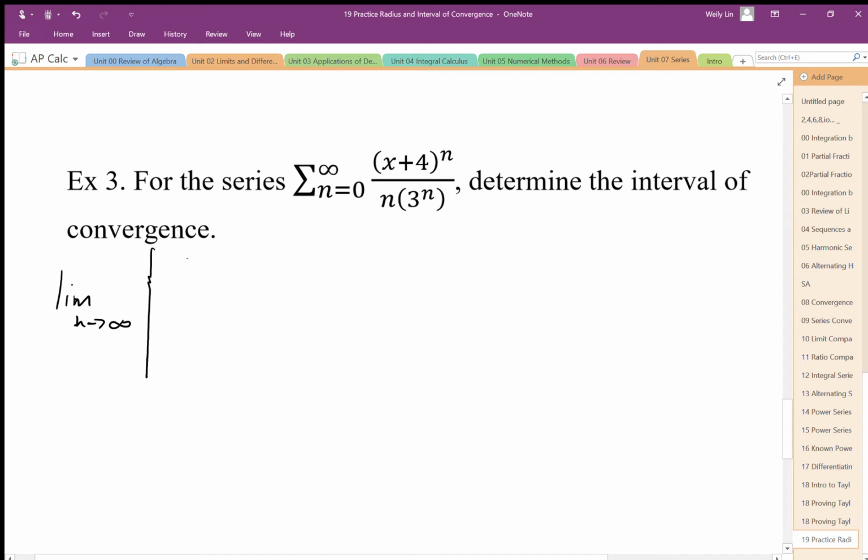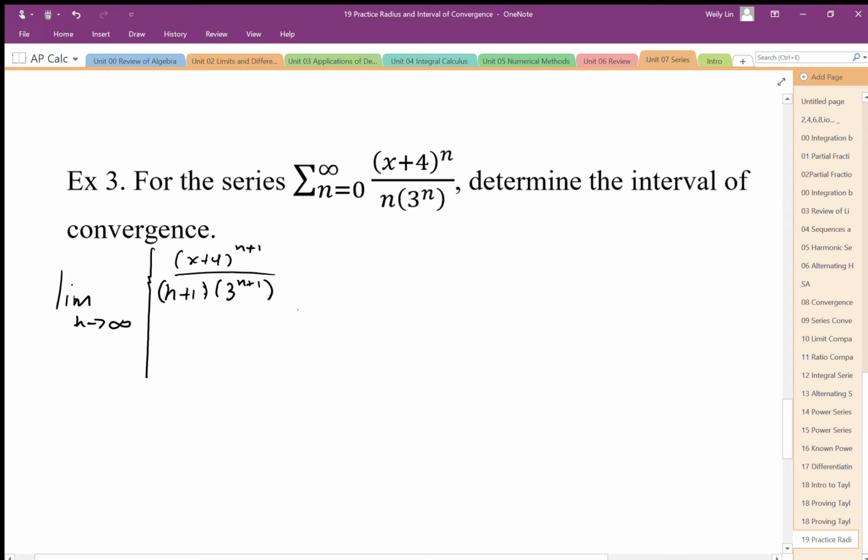Okay, it's going to be x plus 4. So the center is at negative 4. x plus 4 to the n plus 1, over n plus 1, and 3 to the n plus 1.